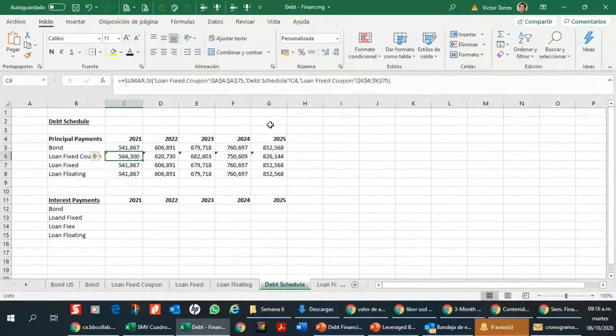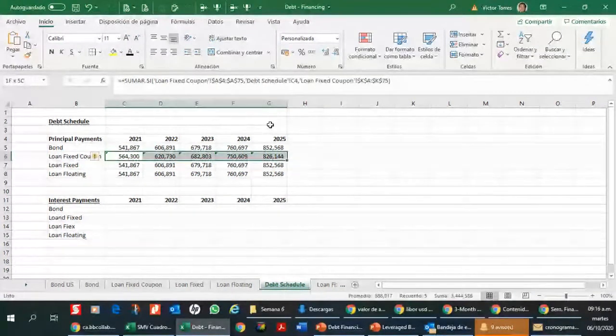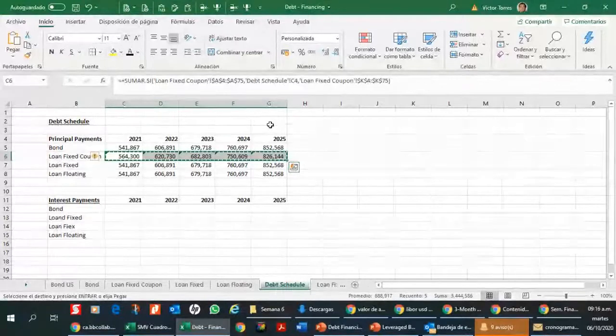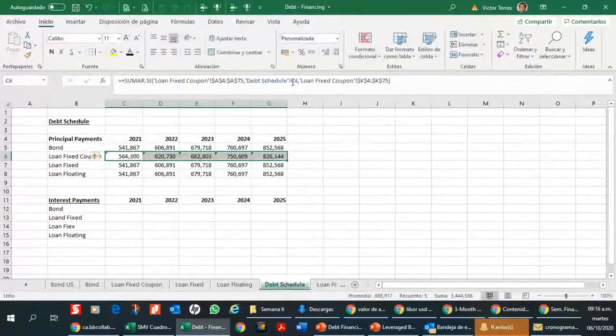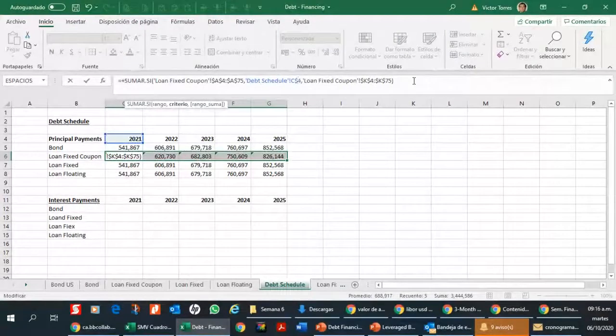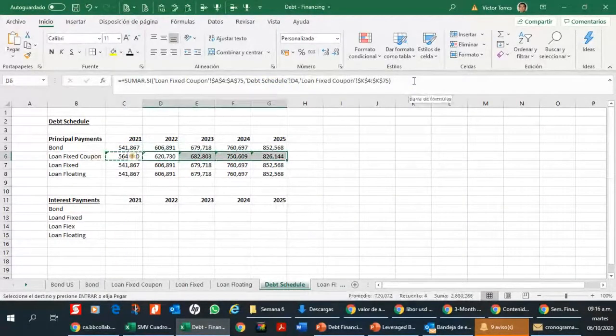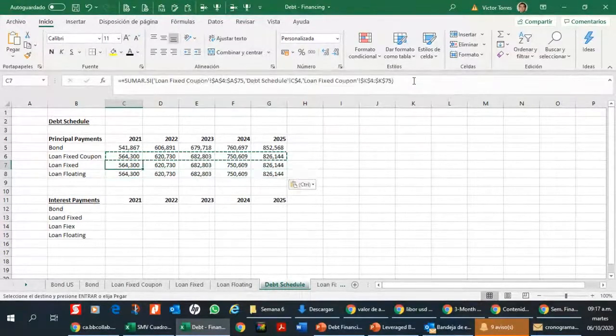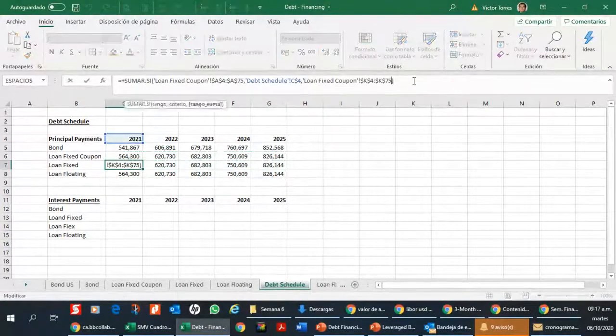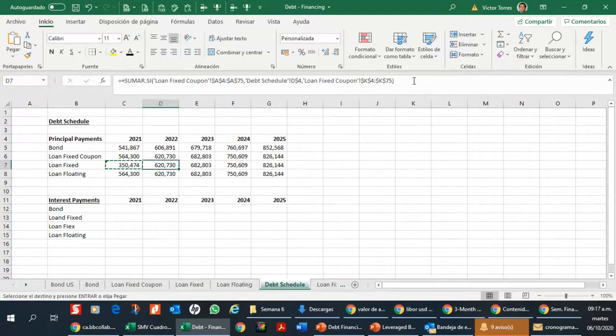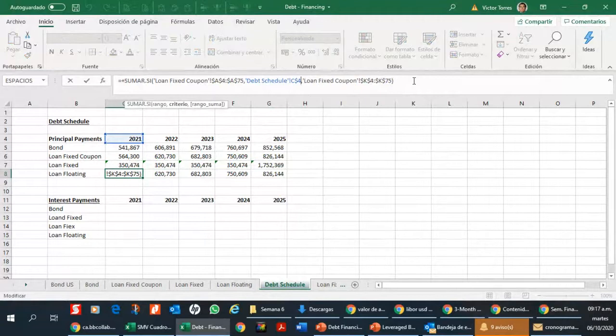So let me quickly solve this as part of the calculations I was mentioning. This is loan fixed, and here's loan floating.